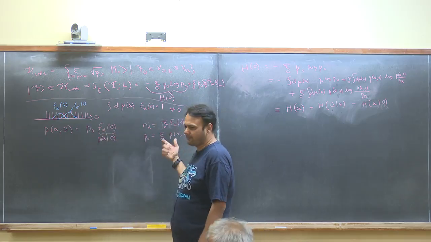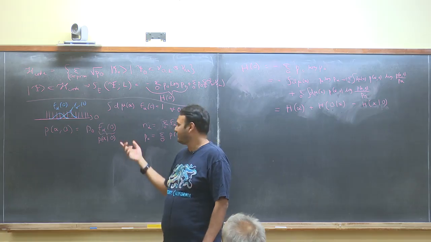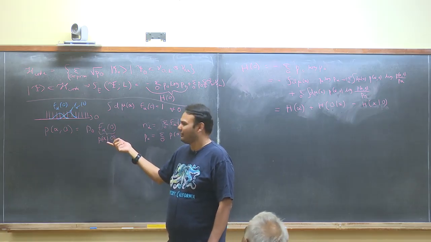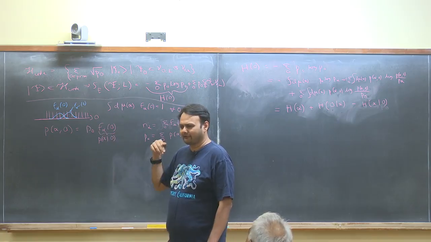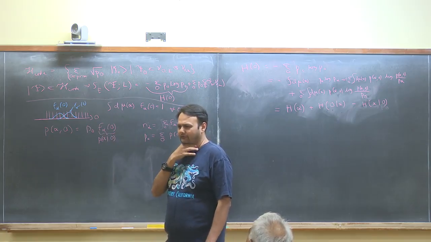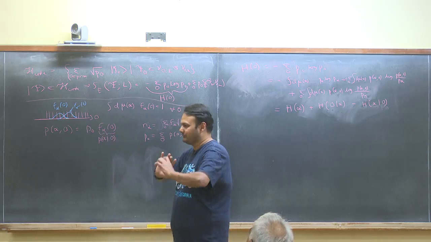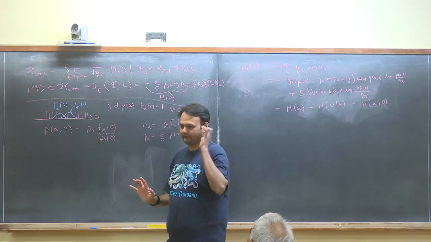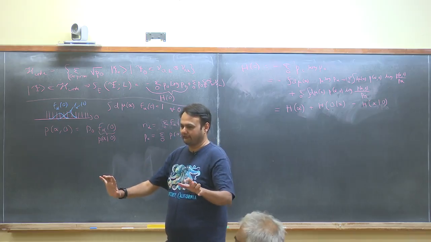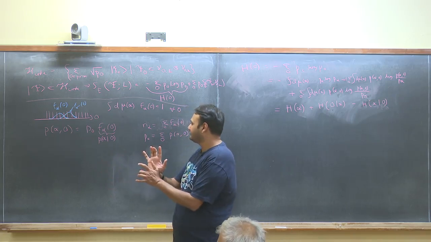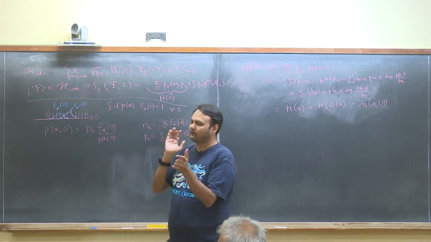But I want to do it the other way around. I want to get PO from the F alphas. I don't know if that's the right way to think about it. You should just think of it as two independent things happening, the original state and the coarse graining. And then together that gives you a probability of primary comma bin.